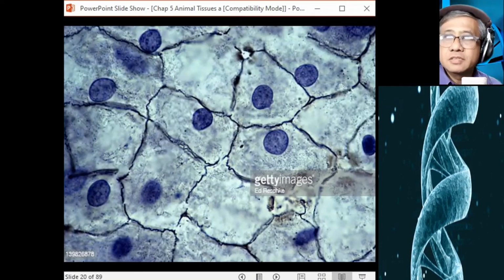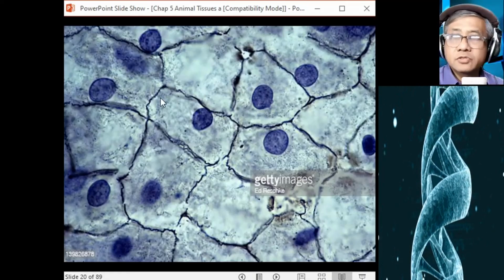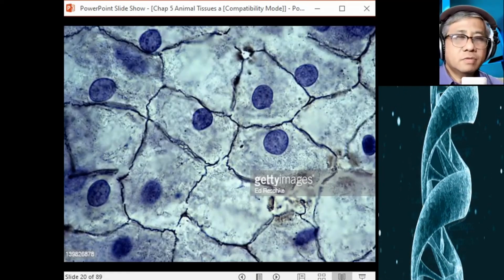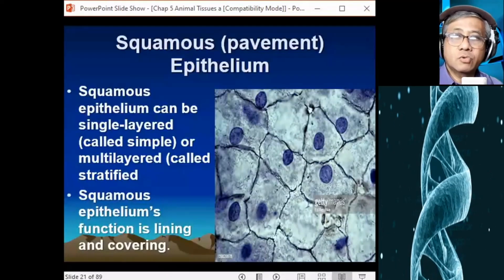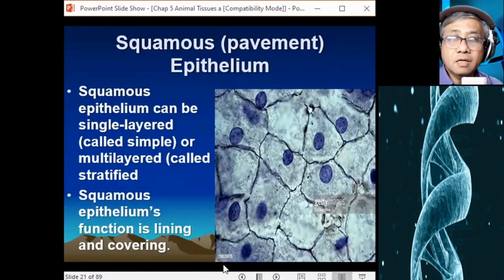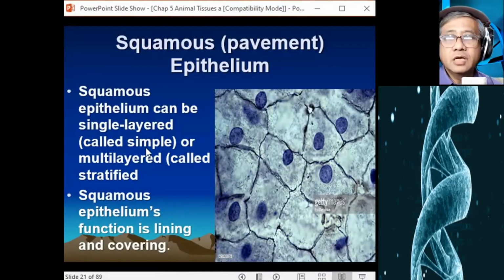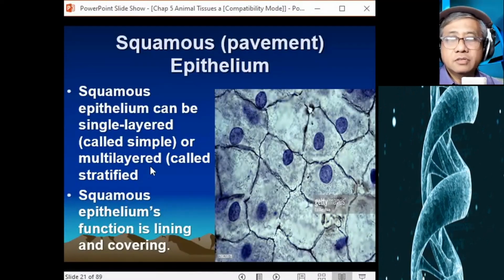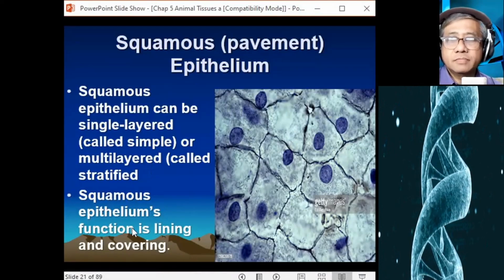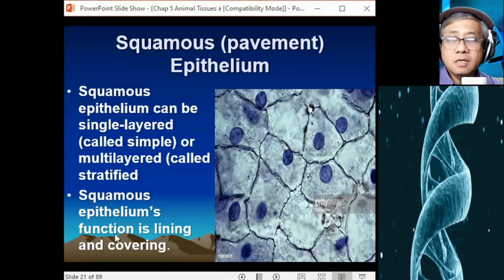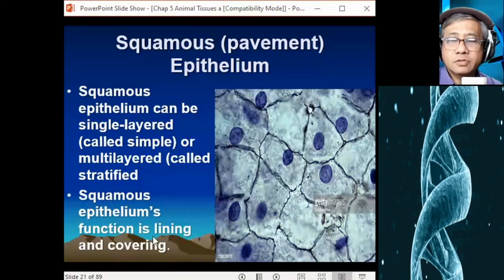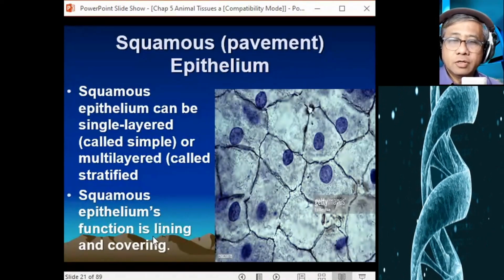Simple squamous meaning again, it is made up of just a single layer of cells. You know, squamous epithelium can be single layered or simple squamous, or multi-layered or stratified squamous. And again, the function of squamous epithelium is lining and covering of a certain body part or organ.